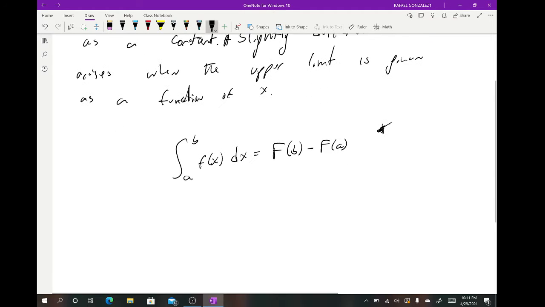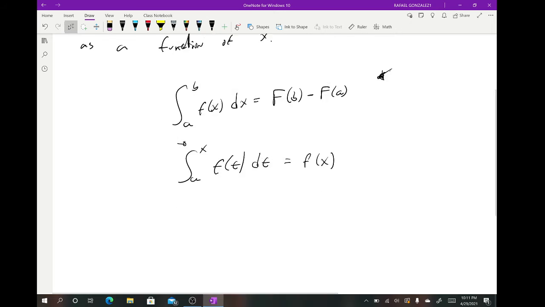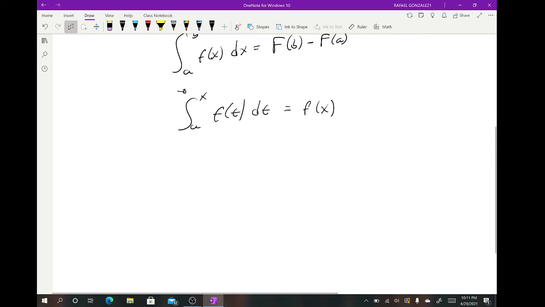But when we add, let me not use x here because it will be misleading. I'm going to be using t whenever I use the upper limit as an x. So whenever we now have a variable as our upper limit, what we're going to have as a solution is going to be a function.